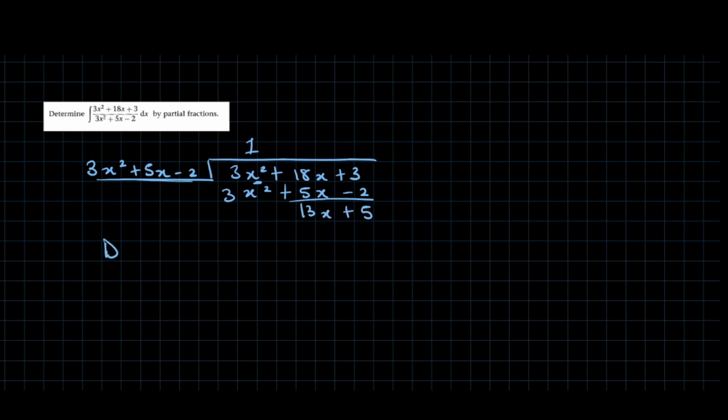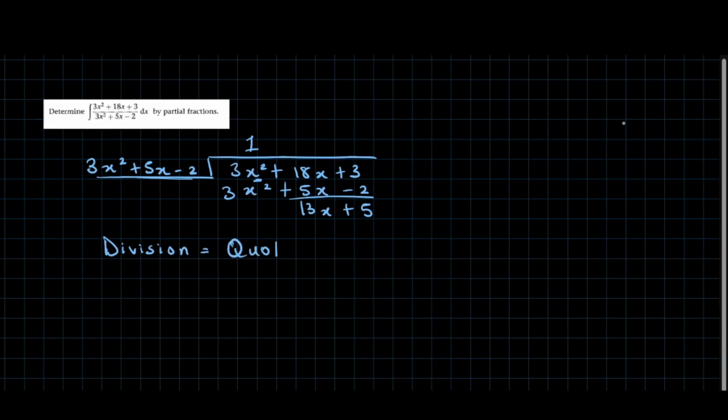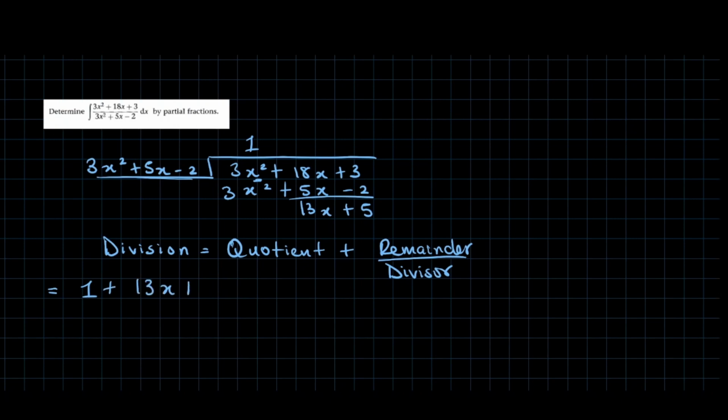And the formula for division is quotient plus remainder over divisor. So the quotient in this case is 1, our remainder is 13x plus 5, and the divisor is 3x squared plus 5x minus 2.